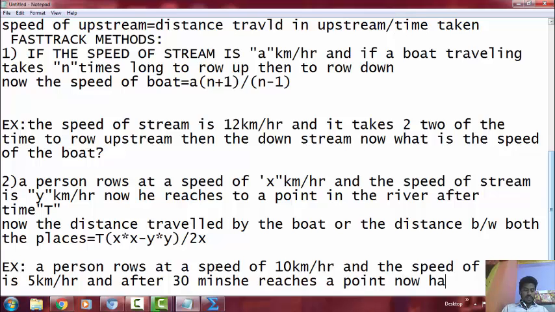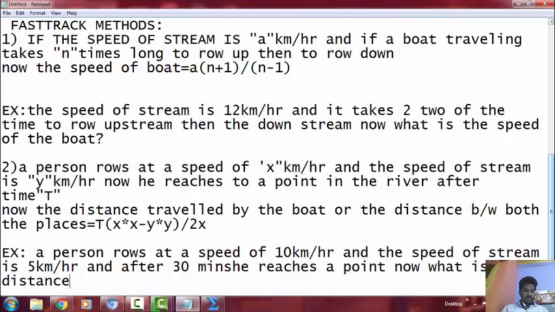Now what is the distance between both the points?